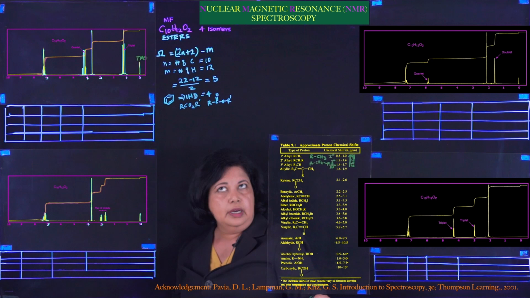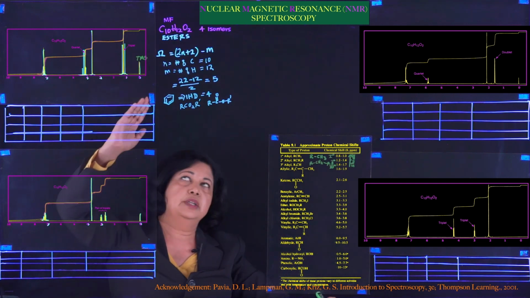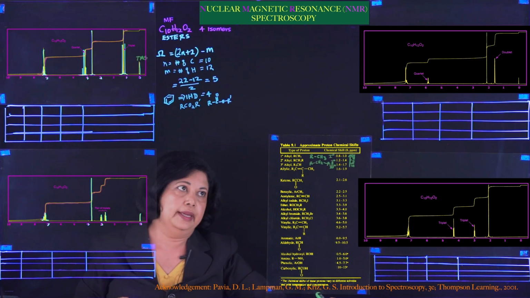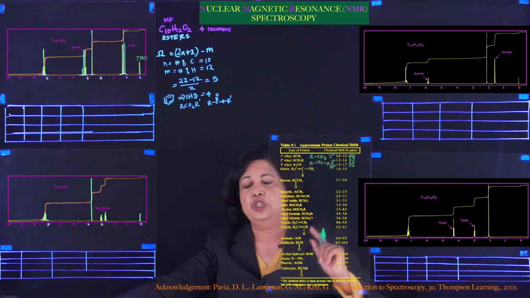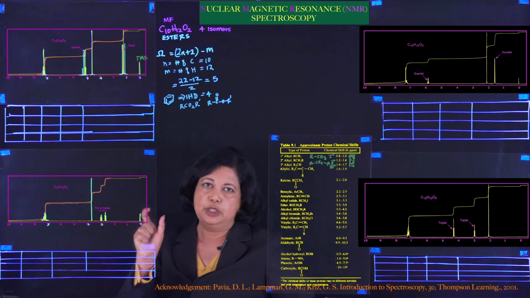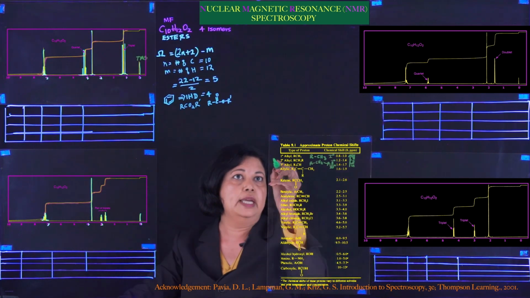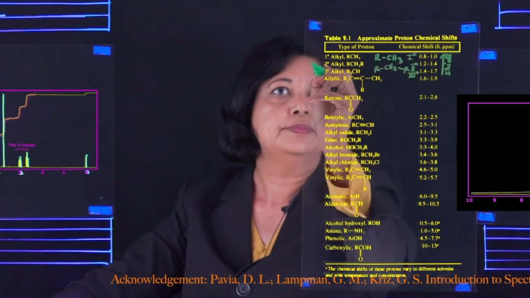Now, after about 2, you typically have electron withdrawing groups on there. The exception is when you have sp and sp2 carbons. This is all for sp3 carbons.